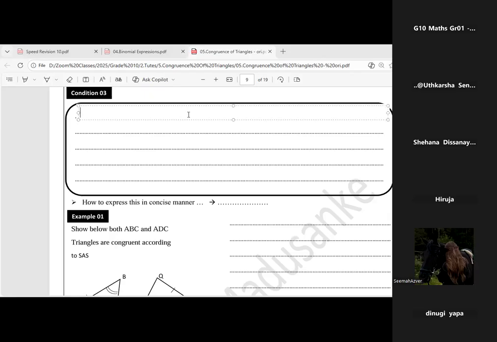Two sides and the included angle. Two sides and the included angle of one triangle are equal to two sides and the included angle of the other triangle.